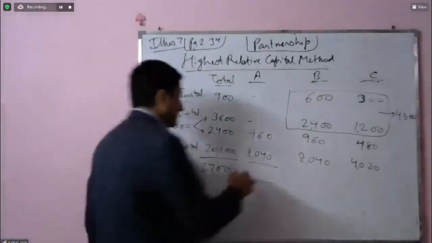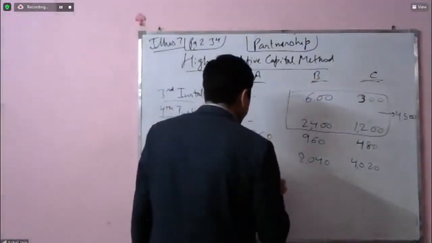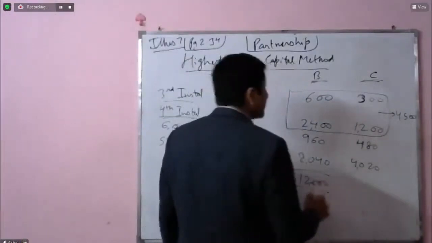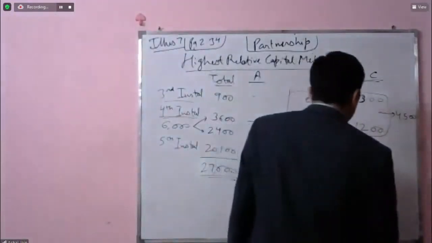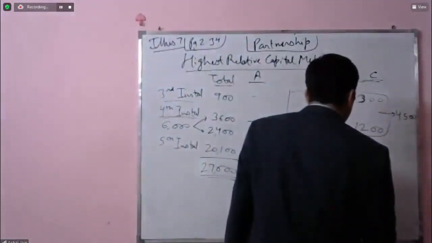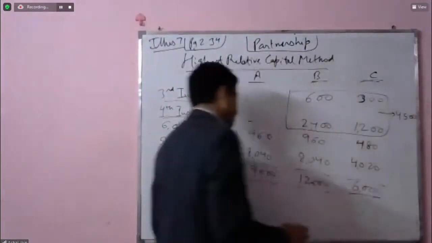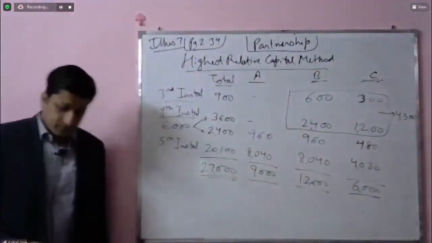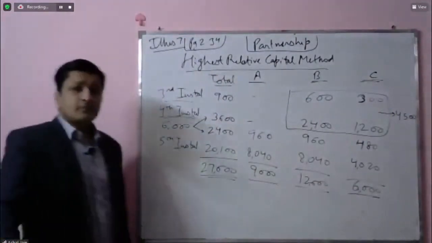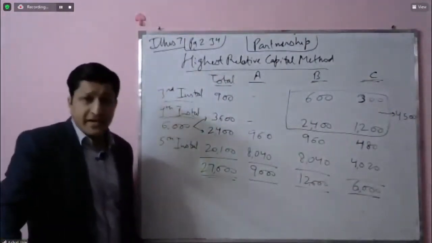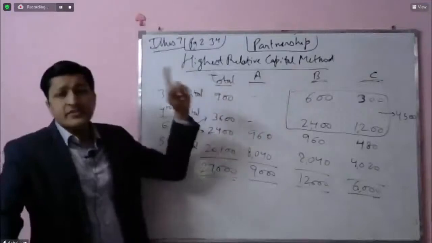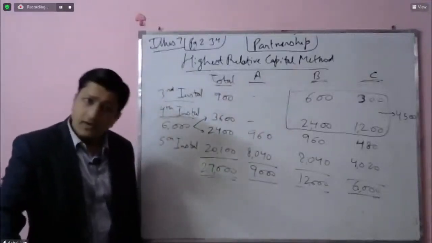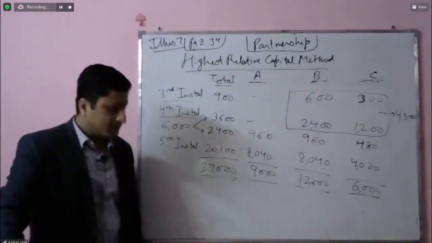9,000 goes to A, 12,000 goes to B, 6,000 goes to C. So this is how distribution will take place under the highest relative capital method. Clear? All of you?